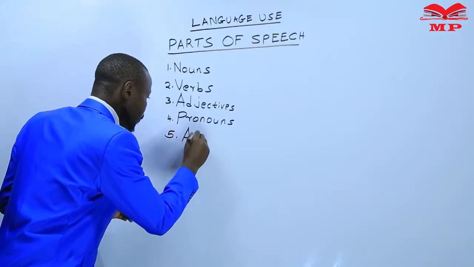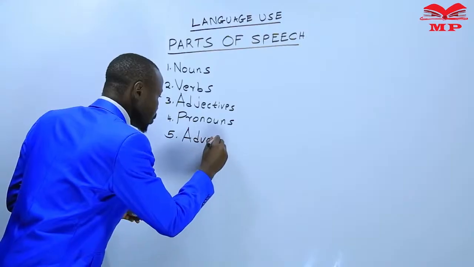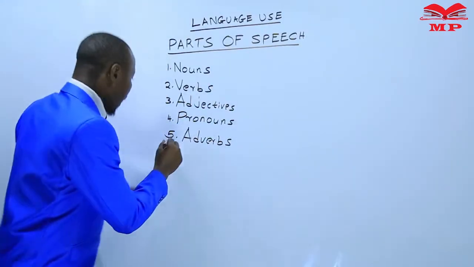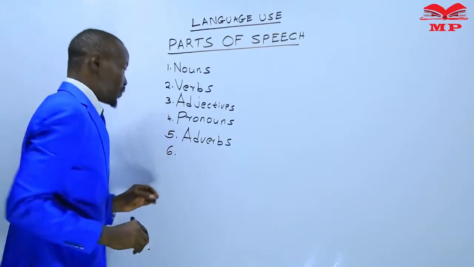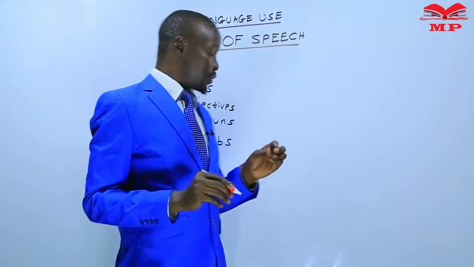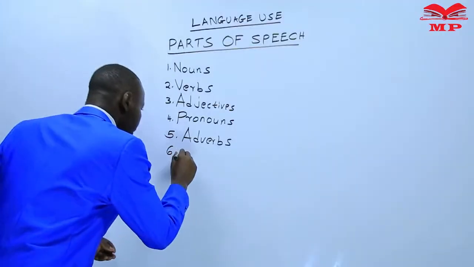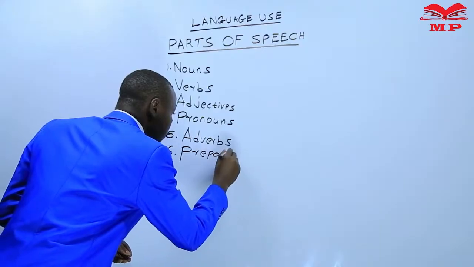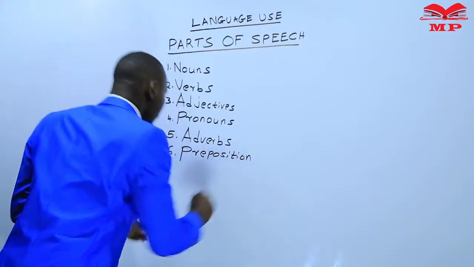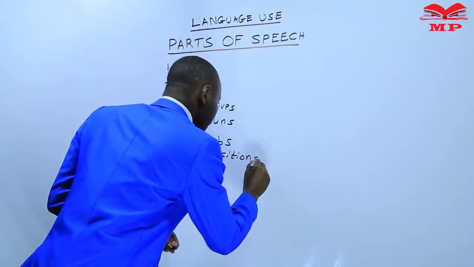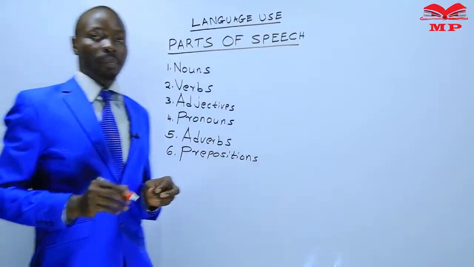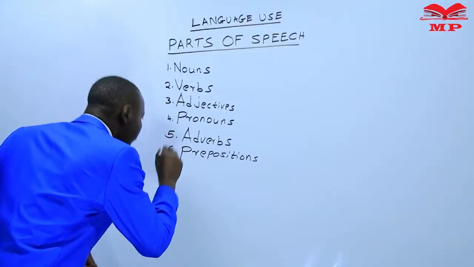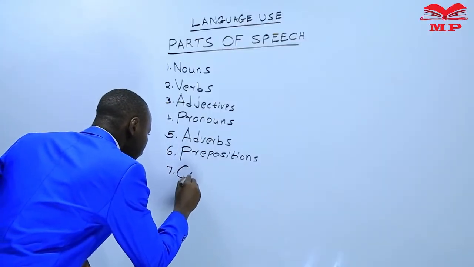After pronouns, we move on to the next part of speech, which is adverbs. So we'll be able to know what adverbs are. After adverbs, we'll move to the next type, which is the preposition. So once we are done with the prepositions, we move to the 7th type of part of speech, which is the conjunctions.